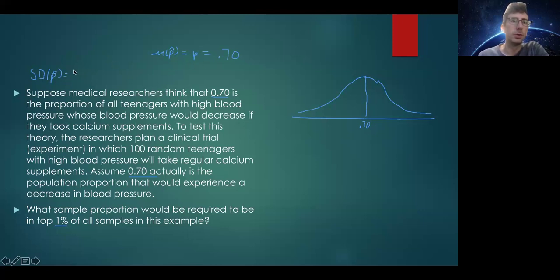And that's going to be equal to the square root of 0.7 times 0.3, where 0.3 is 1 minus 0.7, divided by our sample size.